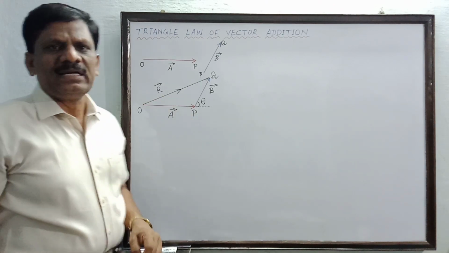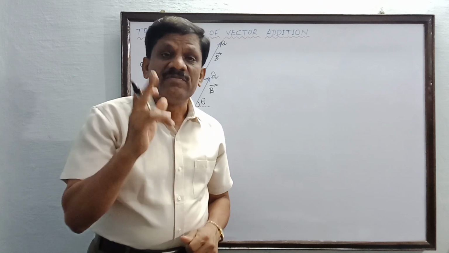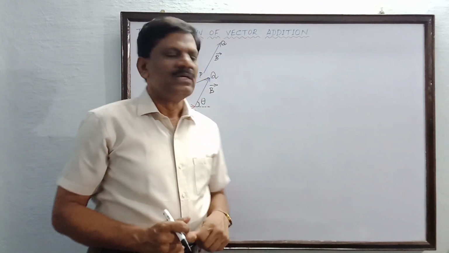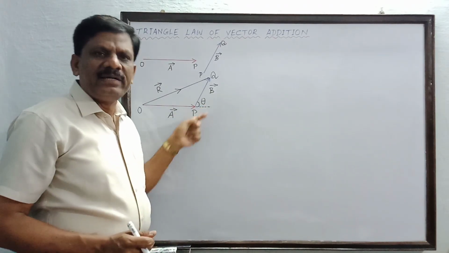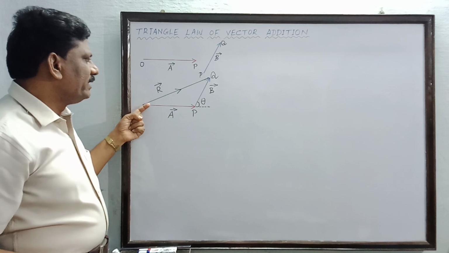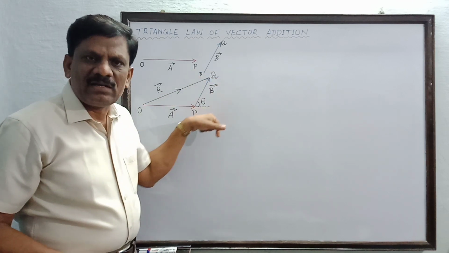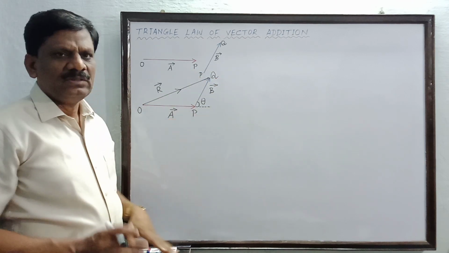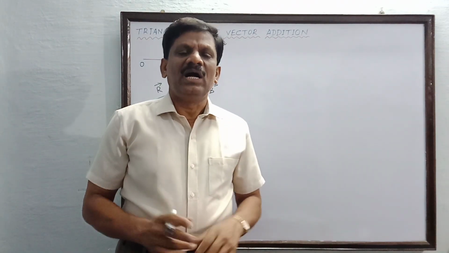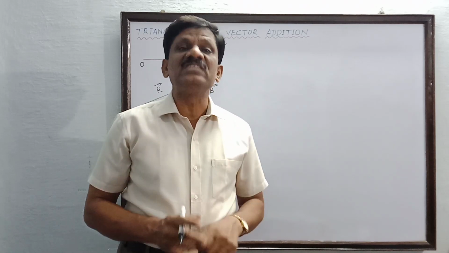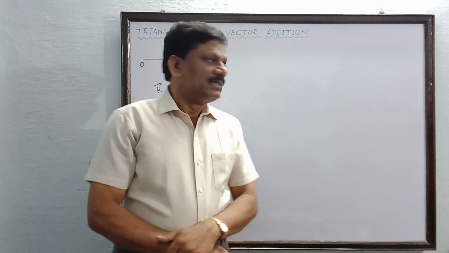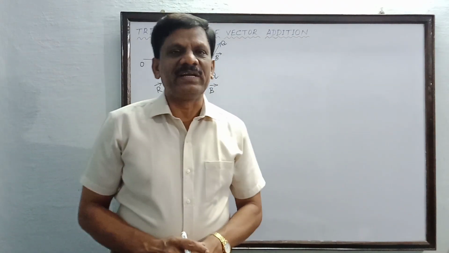So this resultant vector R is found to be in a direction opposite to that of the two given vectors. See that A and B are in the anti-clockwise order. Now the resultant vector R is in the clockwise order, opposite to that of A and B. So this way of representing the two given vectors along two sides of a triangle taken in the same order is called the triangle law of vector addition.